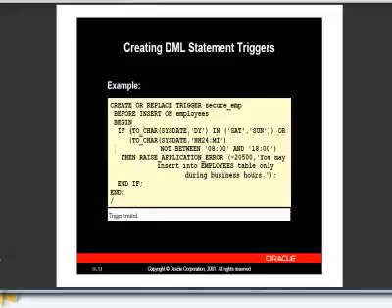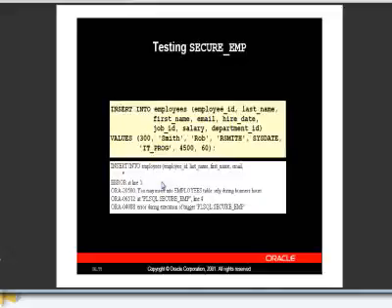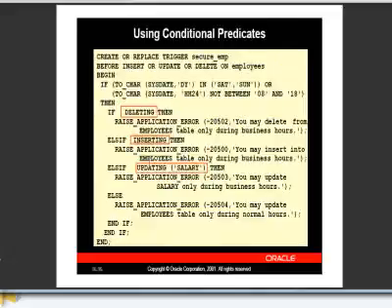Creating a DML statement trigger. This is the example. You can see this is the syntax. Testing secure_emp. Using conditional predicates for inserting, updating, and salary. You can see the syntax.